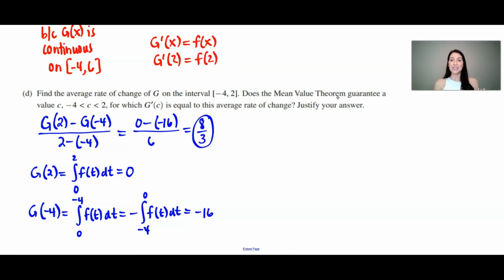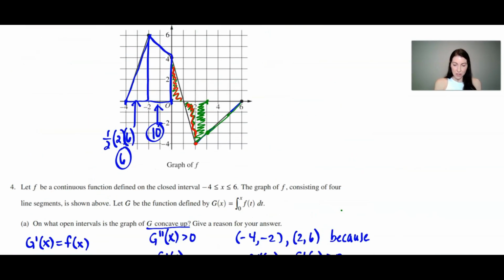So the two conditions that have to be met are that this function, G, has to be both continuous and differentiable on this interval. The first thing I would notice is that if I take the derivative, which we found up above, the derivative is just f of x. And this function f, as you can see, is continuous on the interval from negative 4 to 6.